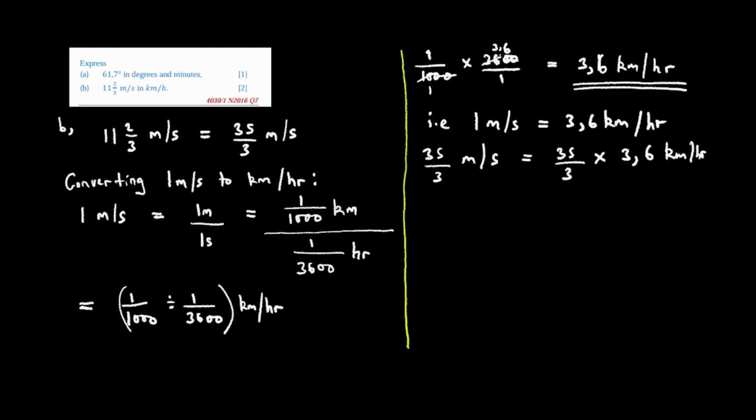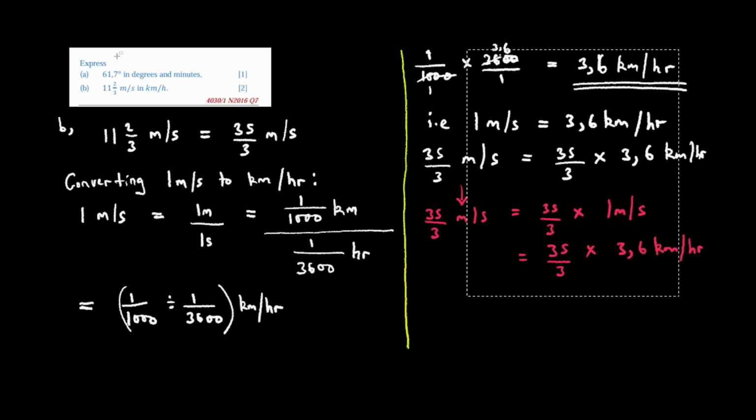If you want to see how it works here, we take 35 over 3 meters per second and write it as 35 over 3 times 1 meter per second. Then since we want to convert to kilometers per hour, we replace the 1 meter per second part with 3.6 kilometers per hour. So we have 35 over 3 times 3.6 kilometers per hour. That is what has happened here. This is the thinking behind it.